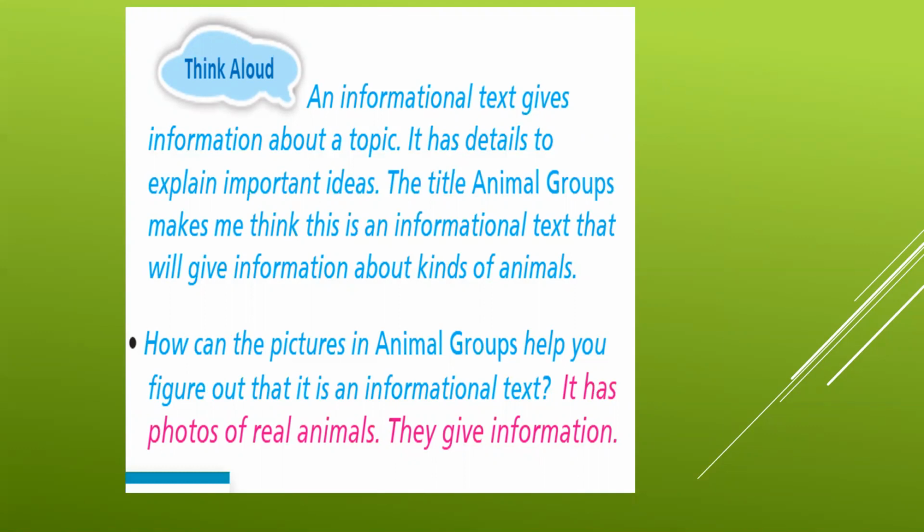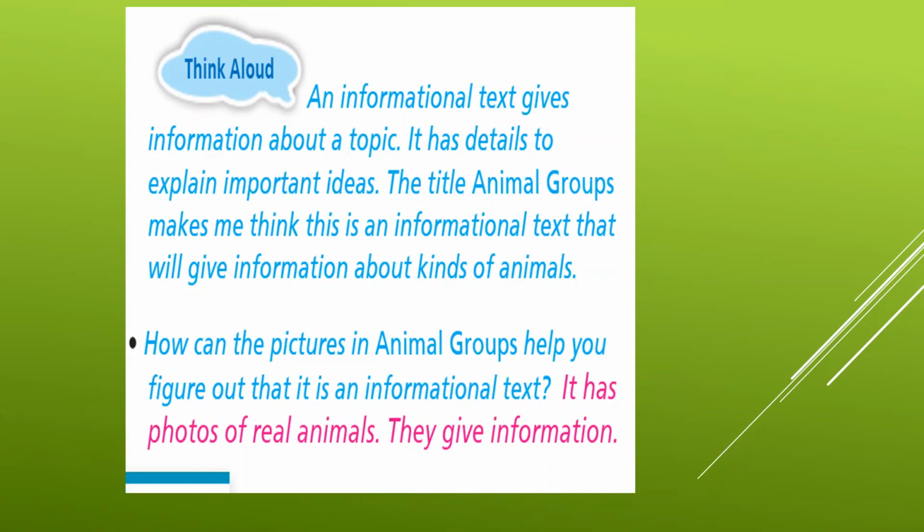So how can pictures in this story help you figure out that this is an informational text? This story has photos of real animals, and it will give me definitely information and facts about these. So, from the title of the story, you will know information and facts about the animals.